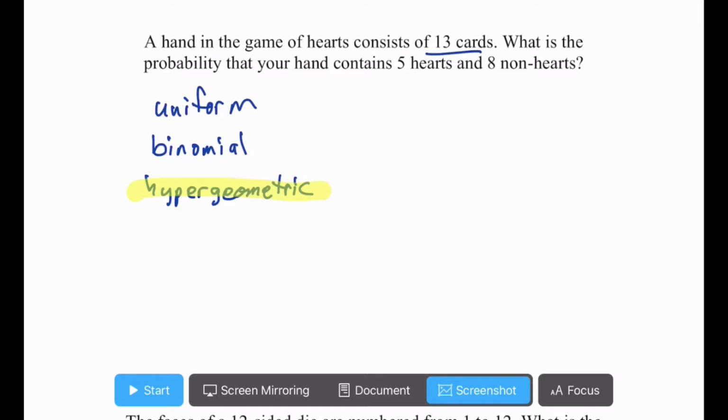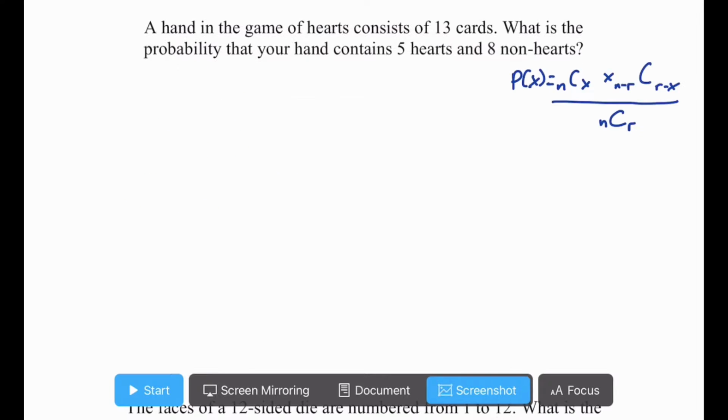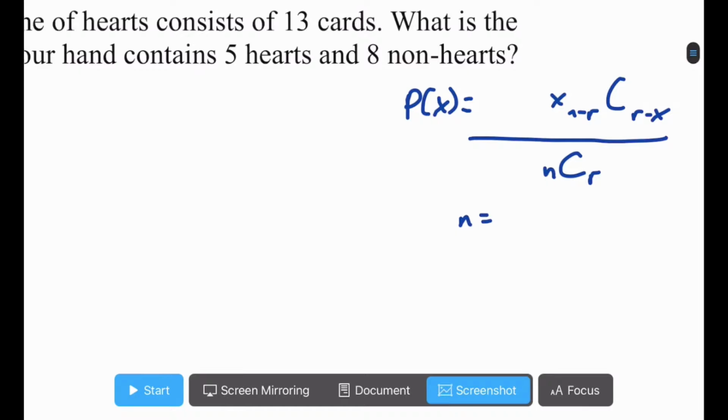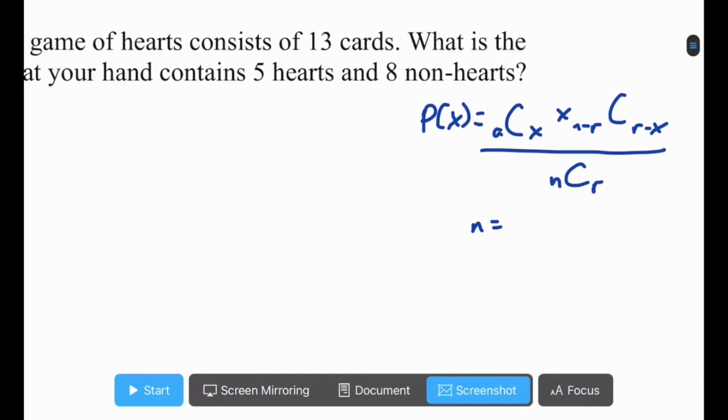With that in mind, let's write out our equations to help guide us as we set up this question and solve it. Now that we have our equation, it might help to define our variables. So n is like our population. Slight mistake, but we haven't written anything wrong yet, so we can fix that really quick. It's a choose x. All right, now we can fix this up. So n is like the number of items in our population, or that we're choosing from.